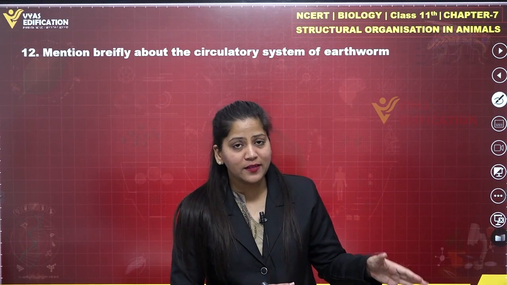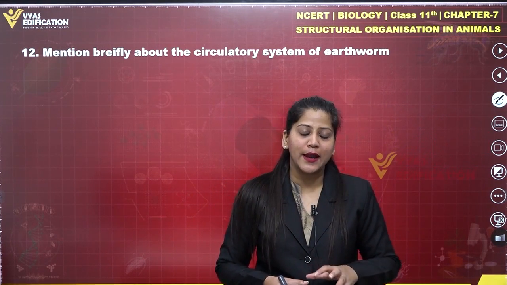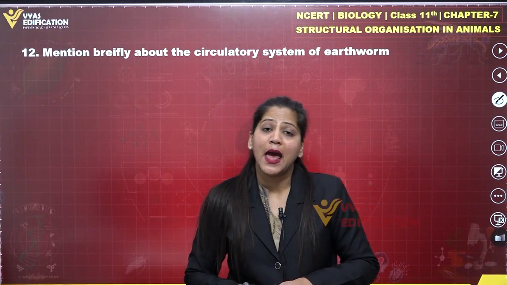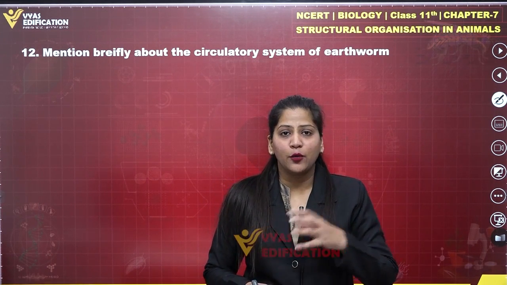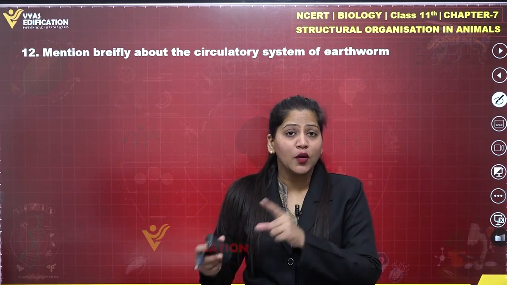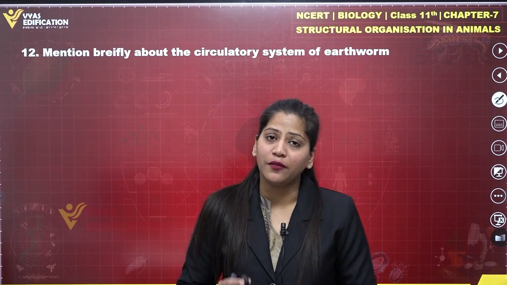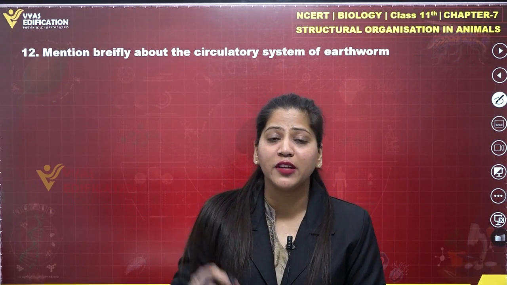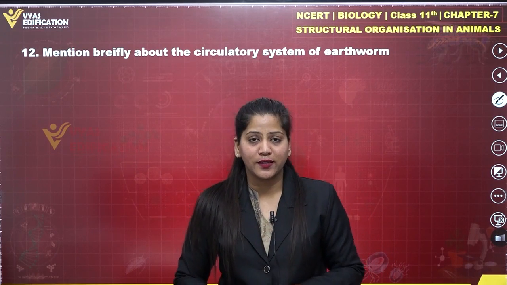Whereas in an open circulatory system, the organs of an organism are directly bathing in the blood as there are no blood vessels present. But in a closed circulatory system, blood vessels are always present, hence the blood is always flowing in the blood vessels.